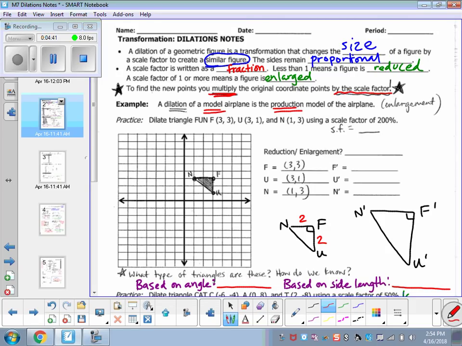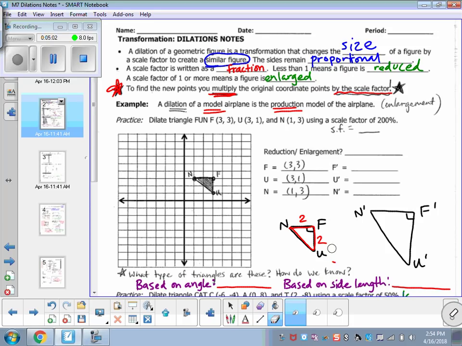Now what I am going to be reviewing right here is how to find the new points. I'm going to come back and sum up with that step. But notice what I have here is the same triangle from the other slide. And instead of calling it triangle ABC, I've simply called it triangle NFU.